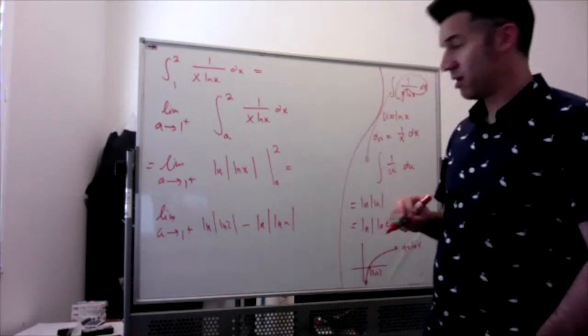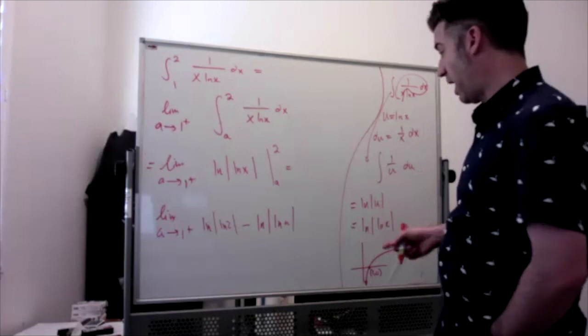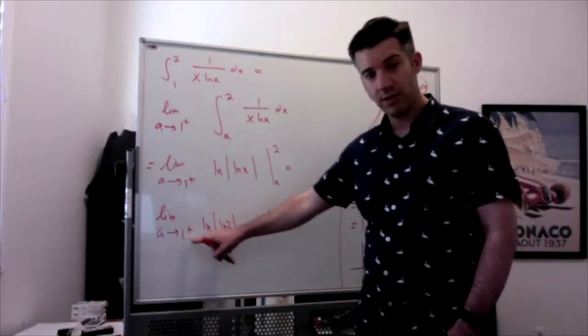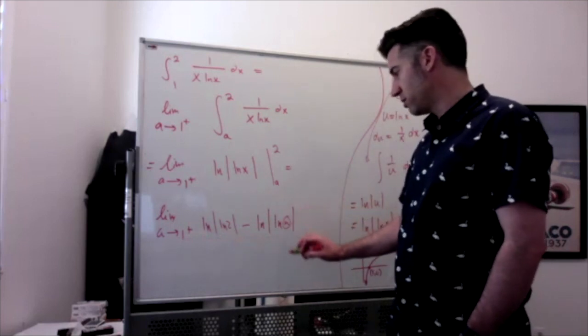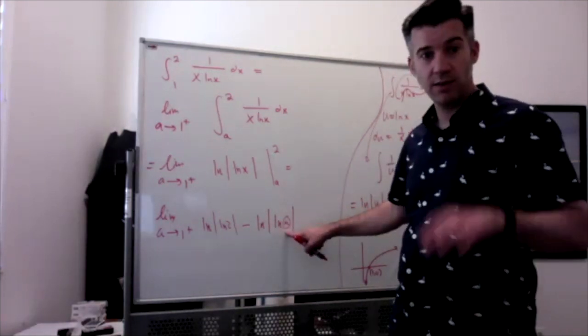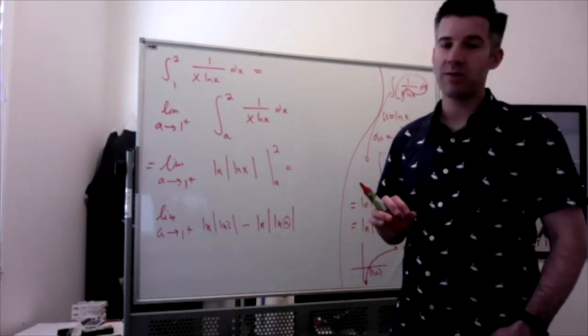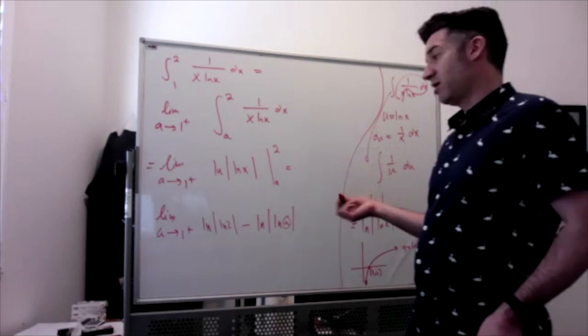Now we have to ask ourselves, what happens to our good old natural log function as a goes to 1? As a goes to 1, the natural log of 1 is 0. So it actually matters a tiny bit because technically we're approaching 1 from the right.